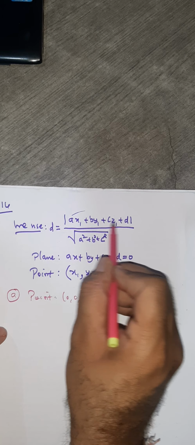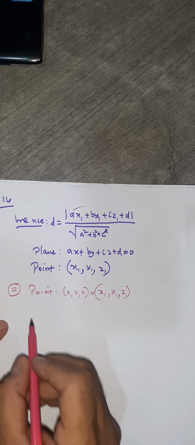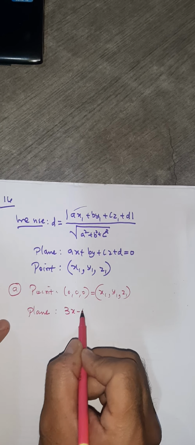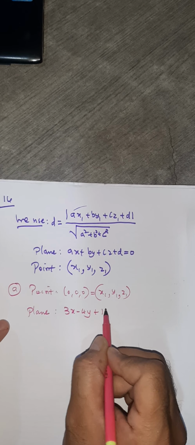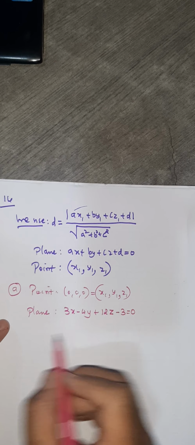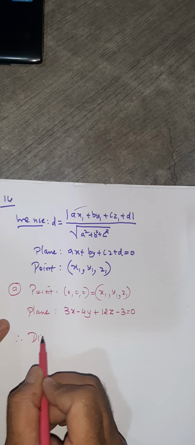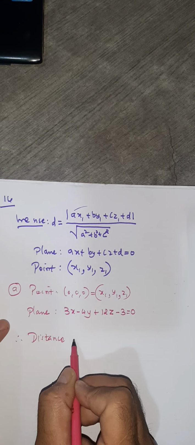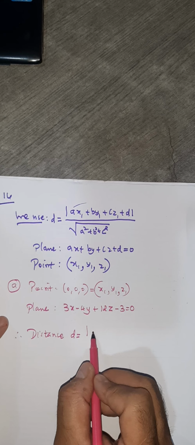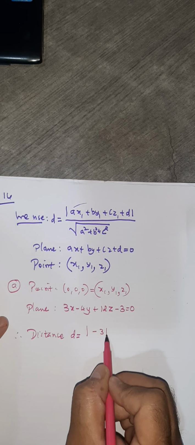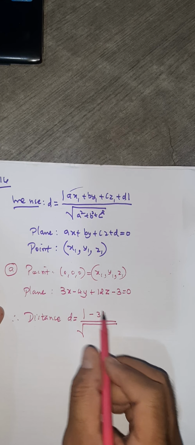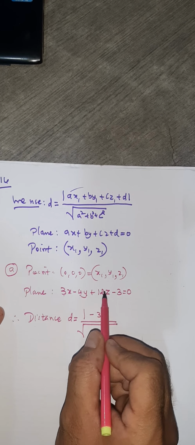So you are just left with modulus d here, and the plane is given by 3x minus 4y plus 12z minus 3 equals 0, and therefore the distance d equals modulus of 0, 0, 0, you are left with just minus 3 here, upon root of a square plus b square plus c square.